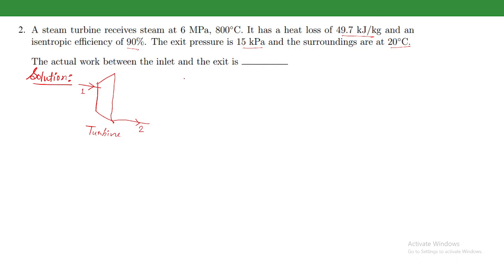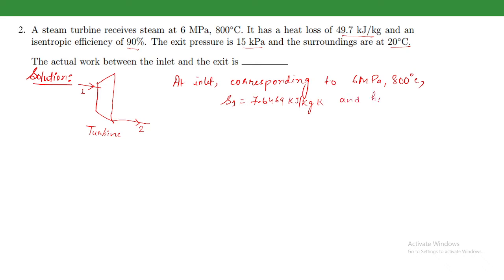At the inlet, corresponding to 6 megapascal, 800 degrees Celsius, S1 equals 7.6469 and H1 equals 4123.97 kilojoule per kg.